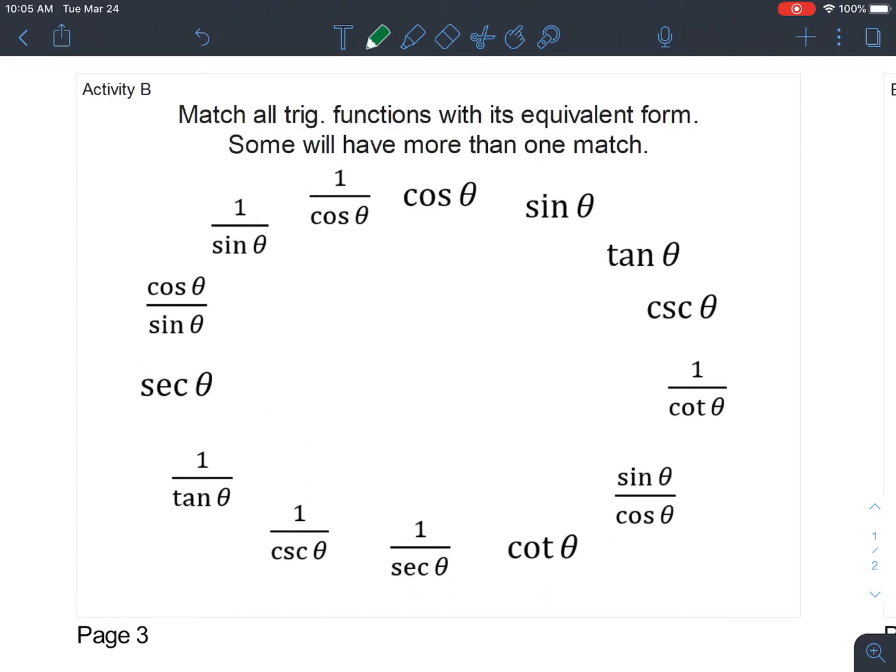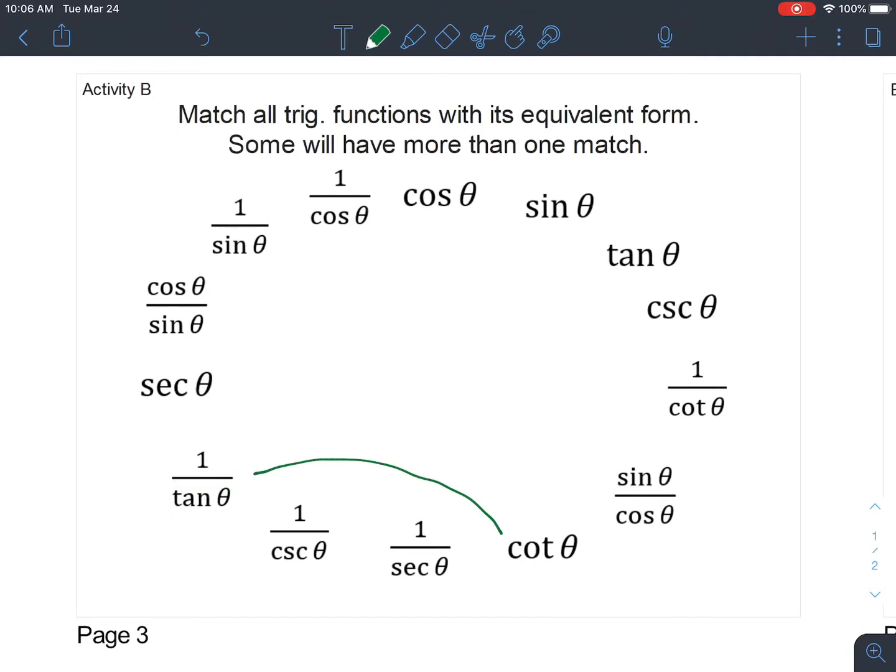Okay, now that you've tried this, the first thing is I felt like I should at least show you the ones that were going to have more than one match. So I'm going to start with cotangent here. And I know that cotangent is the reciprocal of tangent, so those two are supposed to pair together. But then one thing I also know about tangent is that tangent is supposed to be sine over cosine.